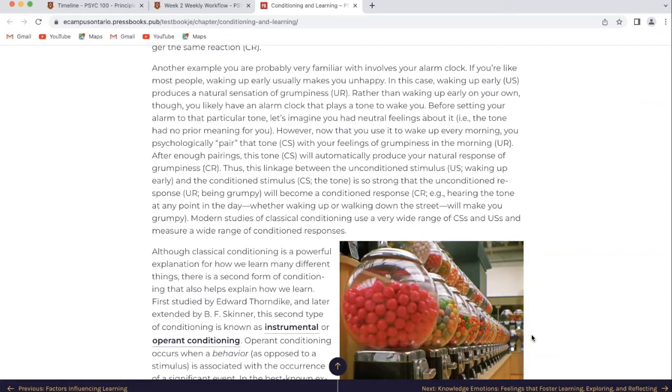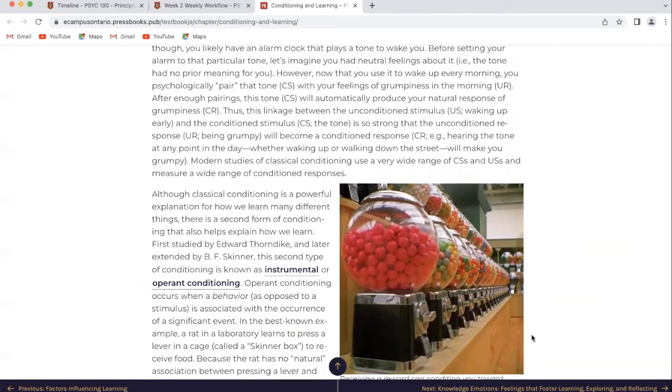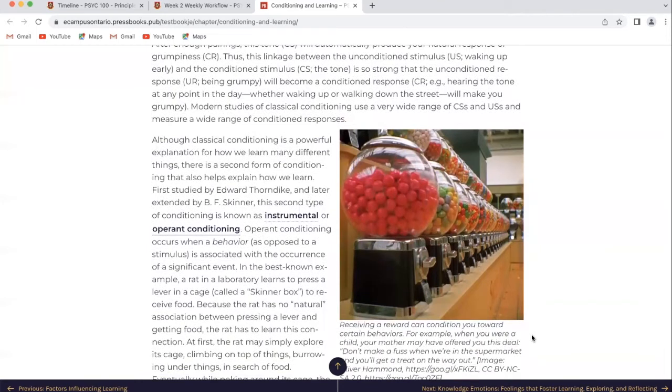However, now that you use it to wake up every morning, you psychologically pair the tone with your feeling of grumpiness in the morning. After enough pairings, this tone will automatically produce your natural response of grumpiness. Thus, this linkage between the unconditioned stimulus, waking up early, and the conditioned stimulus, the tone, is so strong that the unconditioned response, being grumpy, will become a conditioned response.